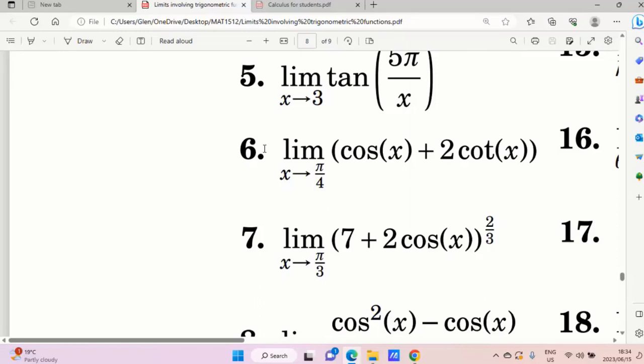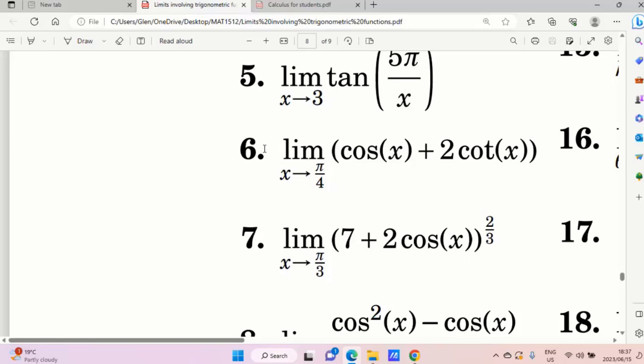Can we use the limit? You'll tell me when I get the wrong answer. Lerato, what did you get? 8 to the power 2 over 3.